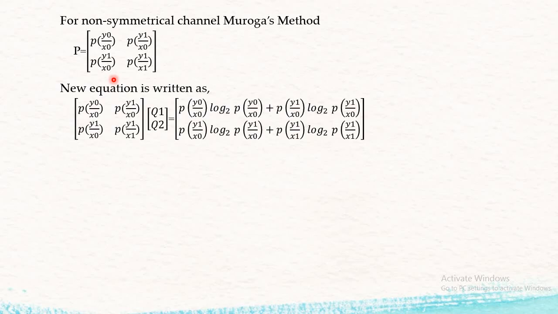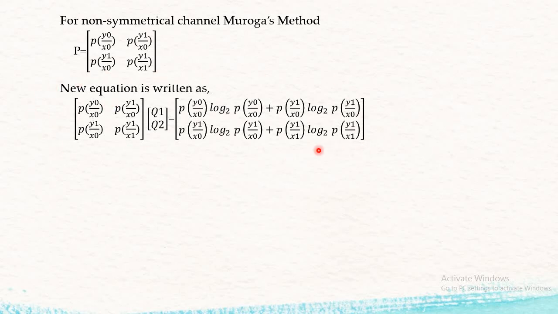We just rearrange the equation, and it comes out to be the matrix of P y0 by x0, P y1 by x0, P y0 by x1, P y1 by x1 multiplied by q1 and q2 is equal to P y0 by x0 log to the base 2 of the same value, plus P y1 by x0 log to the base 2 of P y1 by x0. In this way we have rearranged the given matrix in this format.